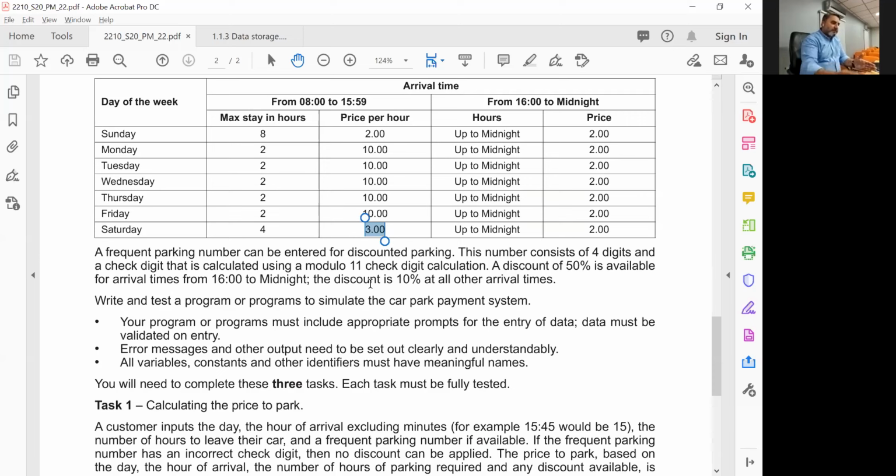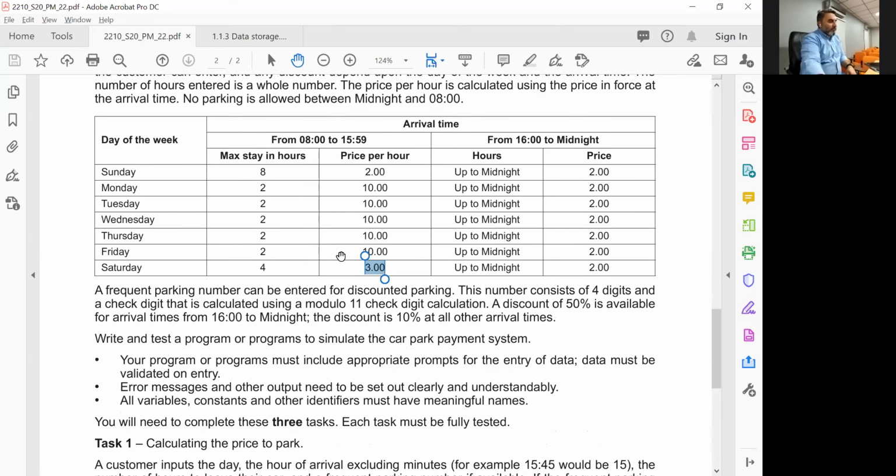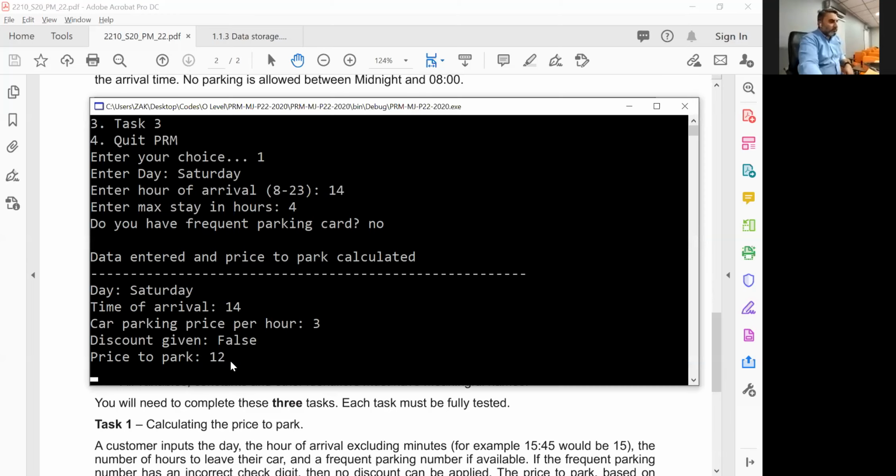As it was said over here, the price per hour is calculated using the price enforced at the arrival time. So 4 multiplied by 3, that becomes 12. There we go. So 12 is charged. Now they say that this is unfair.